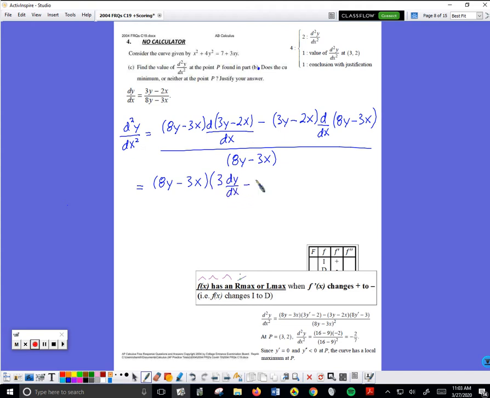The derivative of 2x would just be 2. Like that. All divided by 8y subtract 3x, all squared.